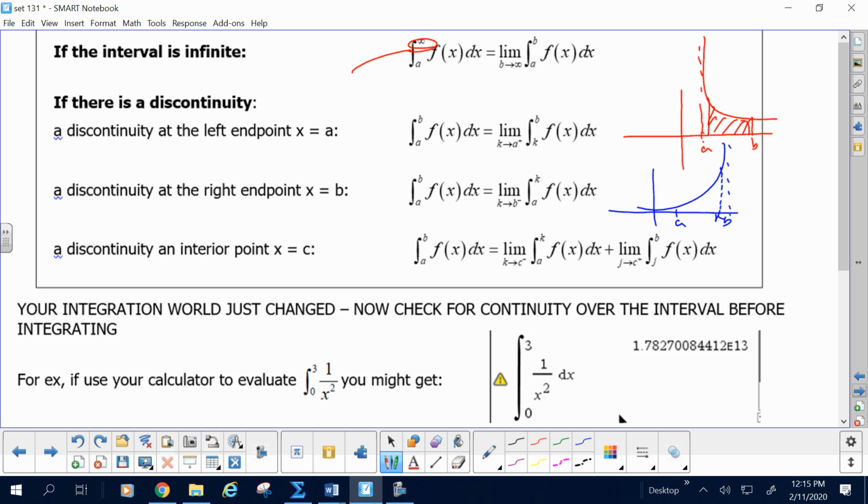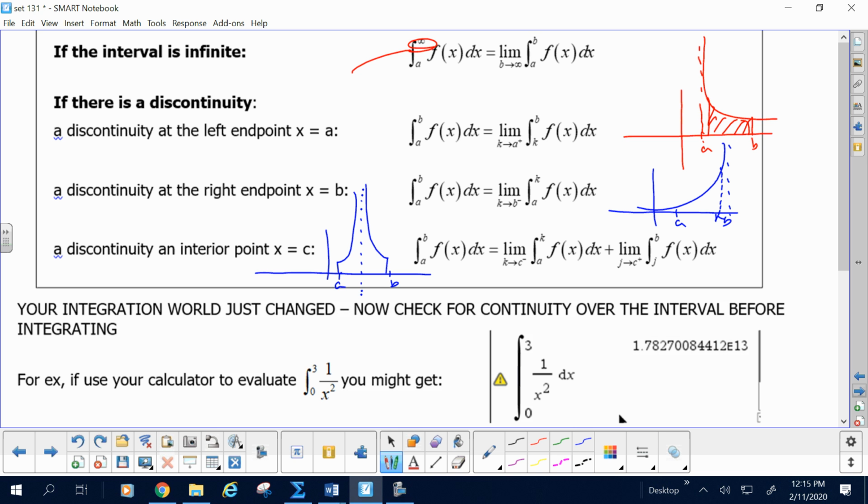Yes. And the worst possible case is it feels like you have a normal old integral. It's continuous at A, continuous at B, but doggone it, there's some asymptote right down the middle, in which case you need to do not one limit, but two.